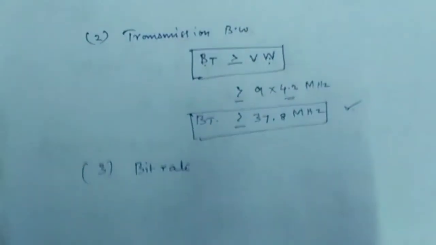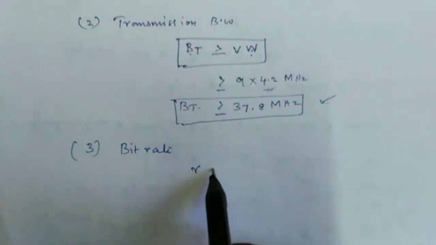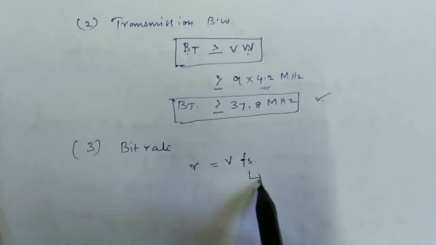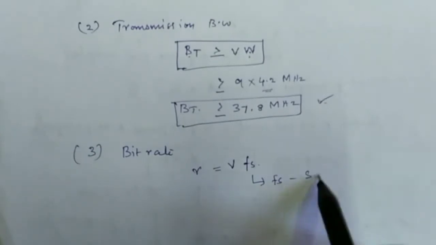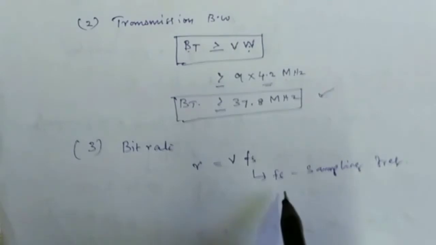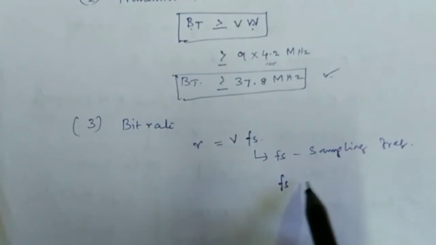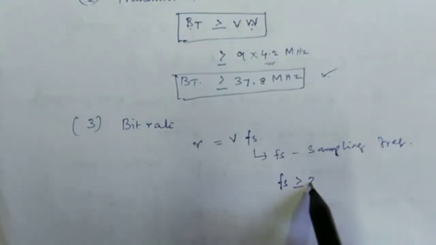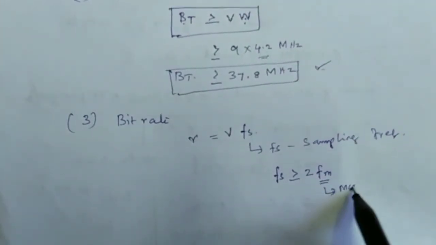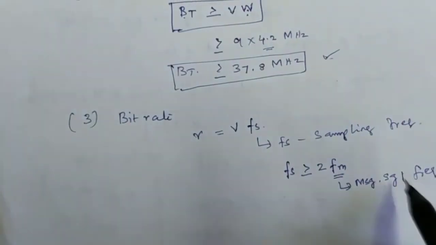For bit rate we have the formula: bit rate R is denoted as V into Fs, where Fs is the sampling frequency. There is a formula for sampling frequency: Fs should be greater than or equal to 2 Fm, that is, twice the message signal frequency.